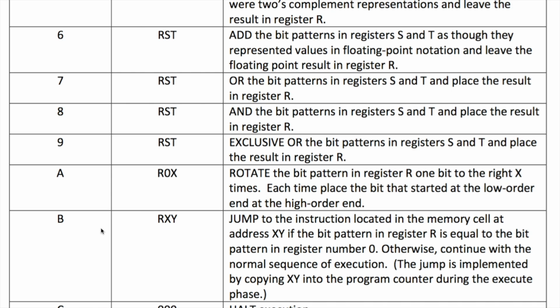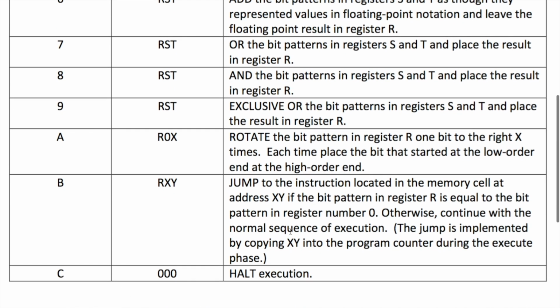Opcode B is the jump instruction. It has pattern RXY. This means we will compare the value inside register R with register 0. If the values inside those two registers are equal, the CPU will jump to the location XY.